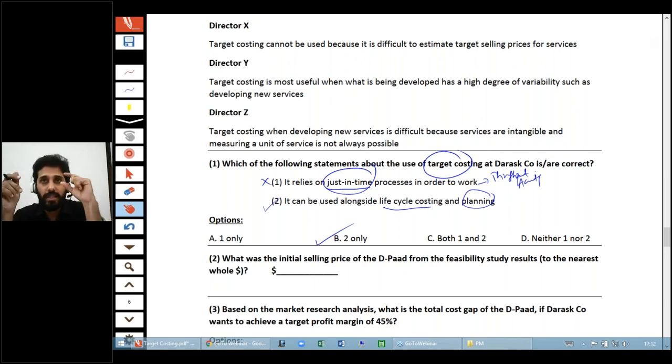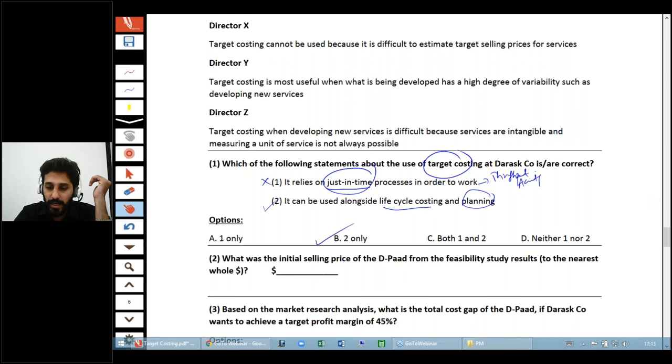That is, within the 3 years time span, I should achieve my target profit, right? So this is actually the thing.